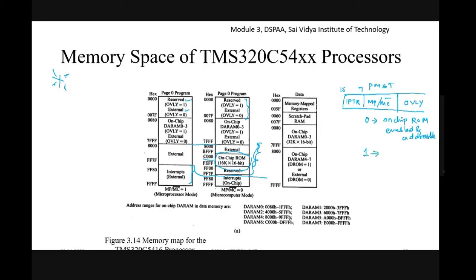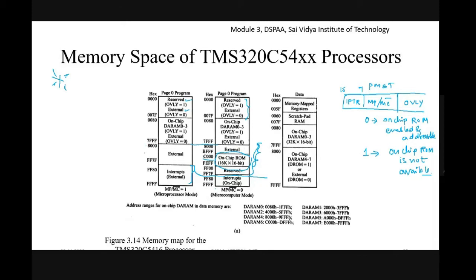If this is equal to 1, microprocessor mode, then on chip ROM is not available. See, observe here the difference.